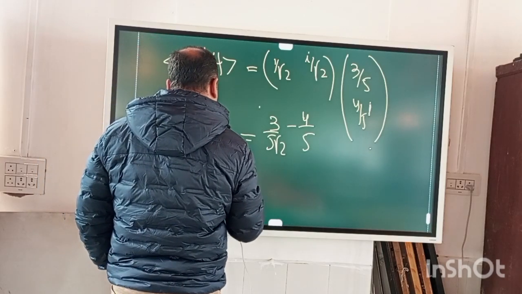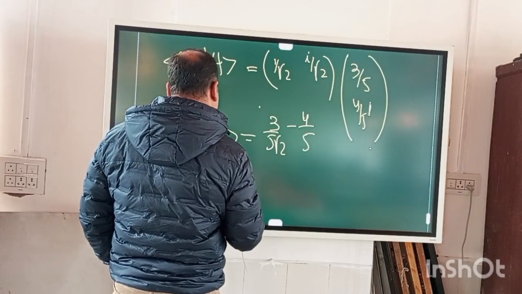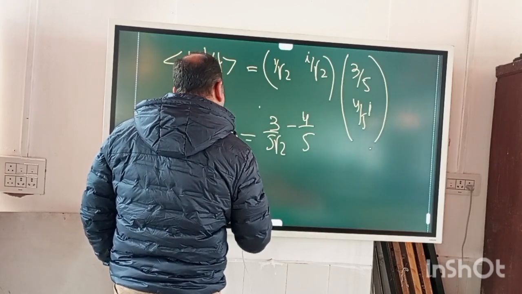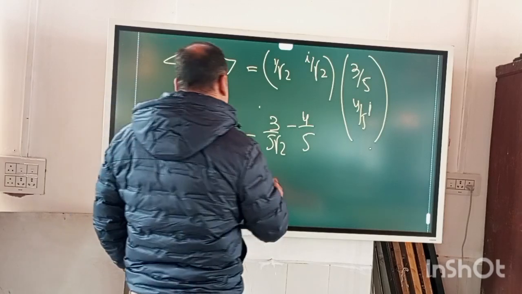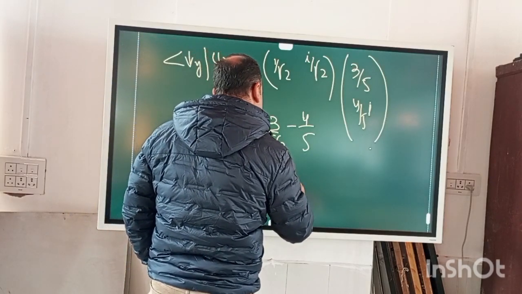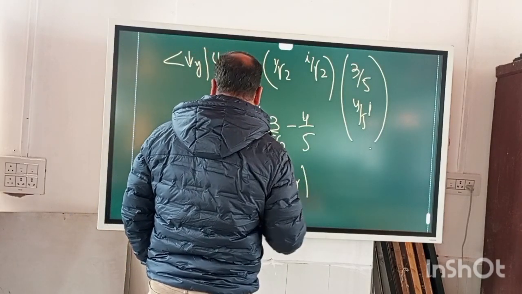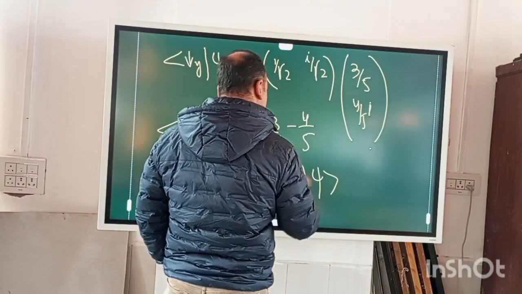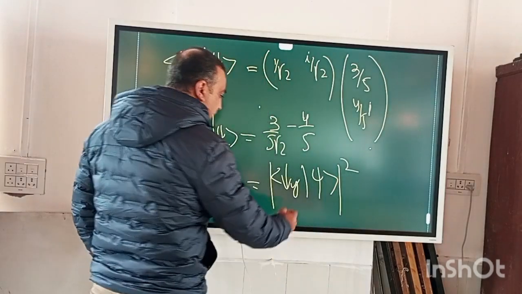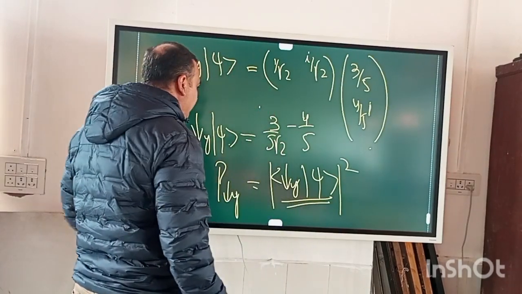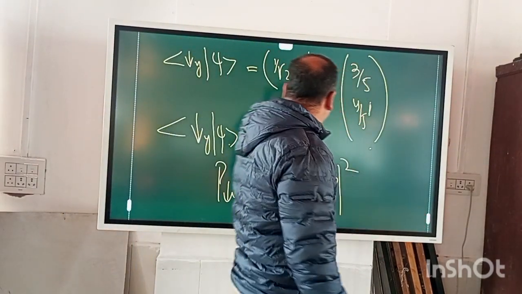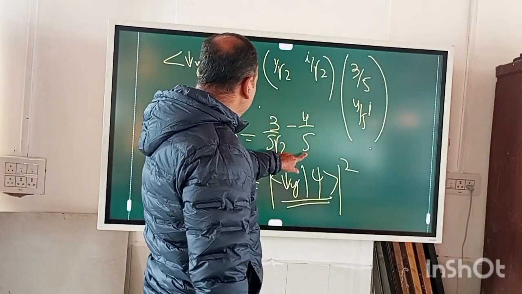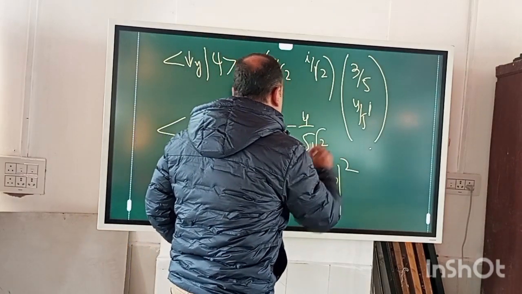So what I am supposed to do is to find P spin down along y, which is going to be the square of spin down along y and state psi, whole square. Now this thing is already measured, and all we have to do is to take its square. So 4 minus 3 will give me minus 1, and this has to be 5 root 2 here.